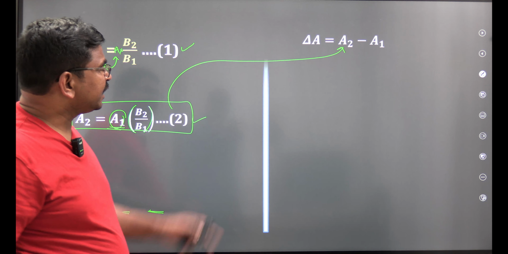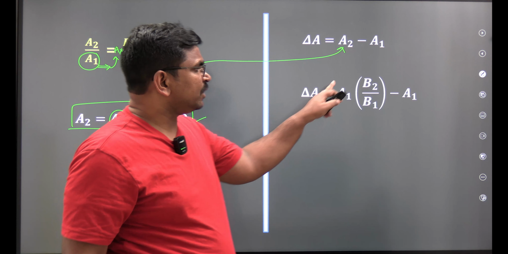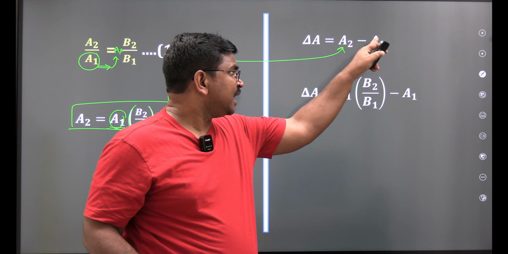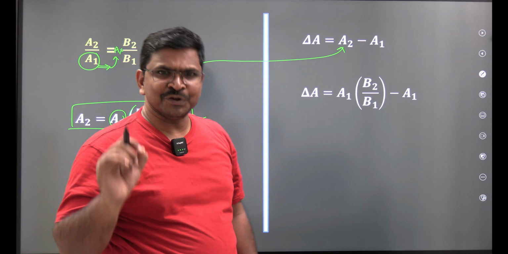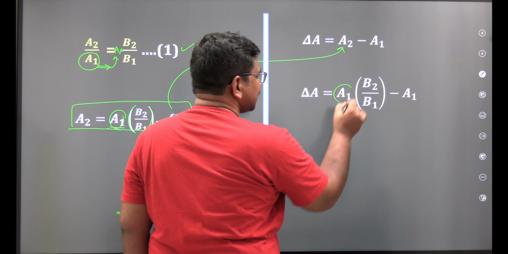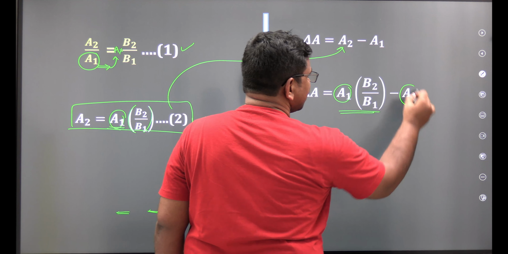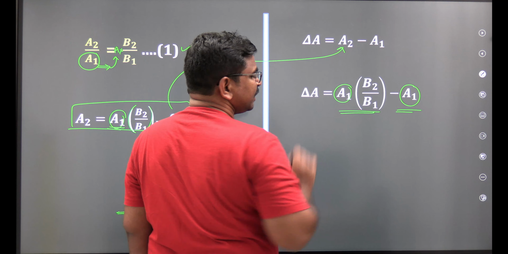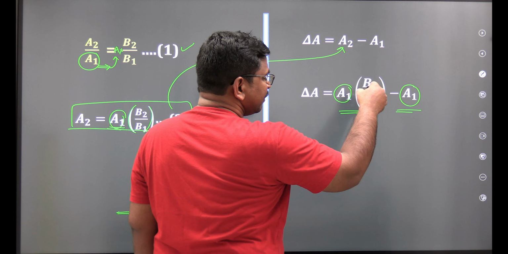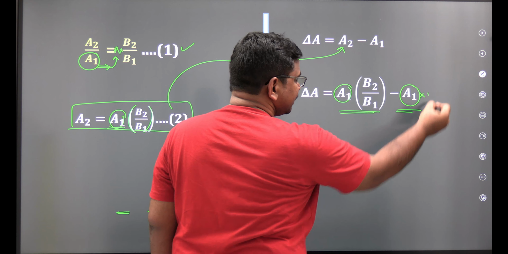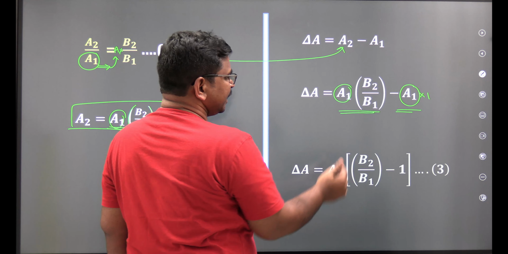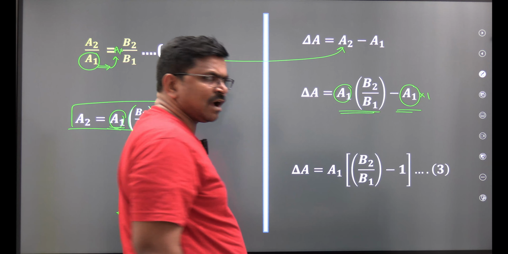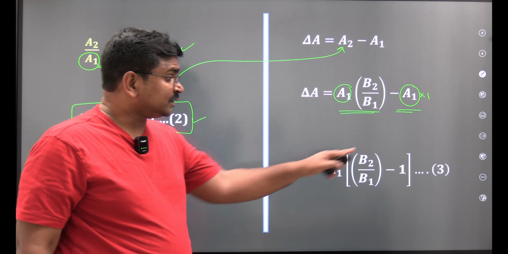Delta A equal to A1 times B2 by B1 minus A1. Now if you observe this expression, A1 is common in both terms. If I take A1 common, I am left with B2 by B1 in the first term, and in the second term A1 times 1 is by default. So I get B2 by B1 minus 1, with A1 as a common term. And this is the third level application.